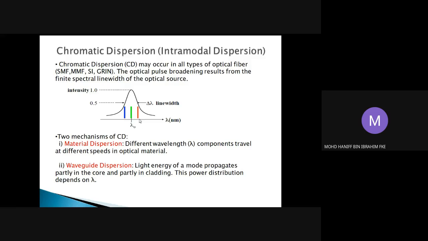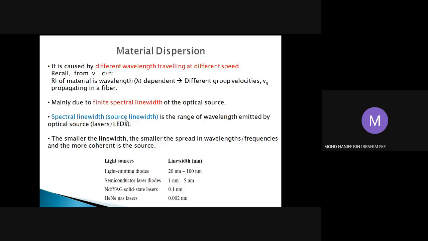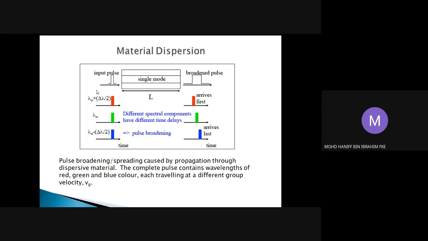So here it should be delta lambda divided by 2, and here it should be negative delta lambda divided by 2. That's why for the red light, the wavelength is located at lambda naught plus delta lambda divided by 2, and for the blue light, it is lambda naught minus delta lambda divided by 2. Yeah, so that's why we have this value for the wavelength. So this will be the wavelength that is said to propagate in your single mode fiber.